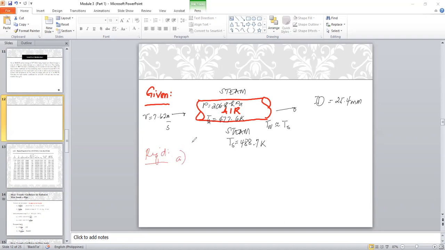For letter A, you are required to determine the heat transfer coefficient. That would be the h for an L to diameter ratio greater than 60. And for letter B, you are asked for the heat flux, which would be the ratio of Q to A. So this is our given information here.